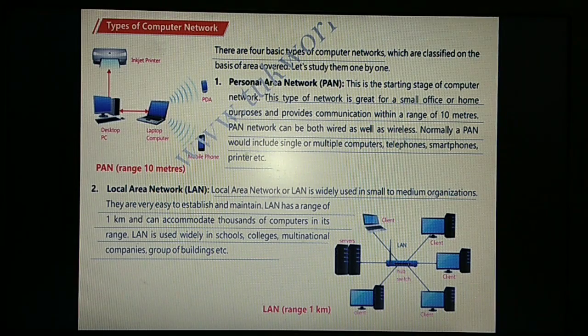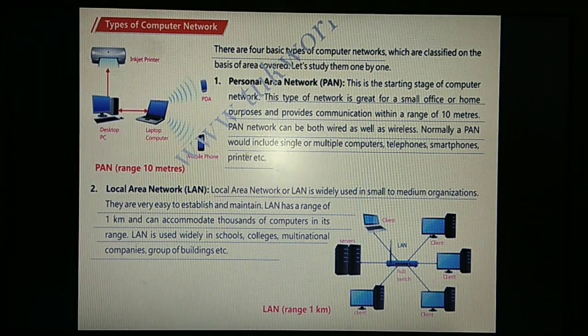Clear? Next is the local area network, LAN. A local area network, or LAN, is widely used in small or medium organizations.